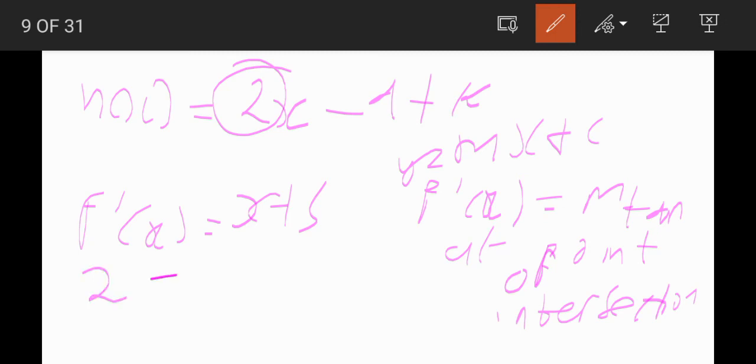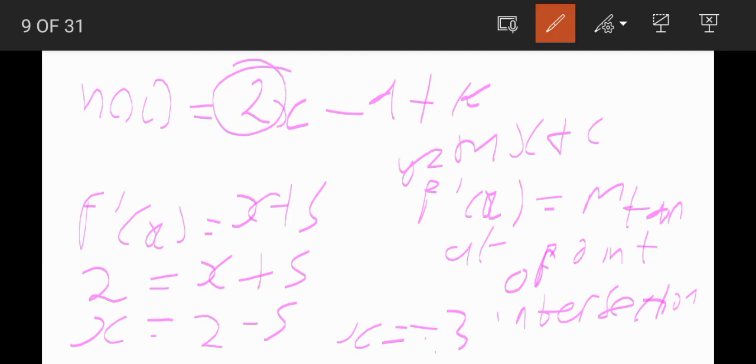It's 2. Then we have x plus 5. So now the gradient of the tangent equals the gradient f prime of x, right? Then what is our x? To calculate our x coordinate, we just have to say 2 minus 5. Then what's our x? 2 minus 5, it's negative 3, right? Now we have found the x value of the point of contact.